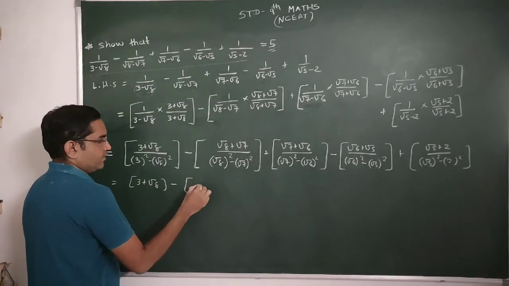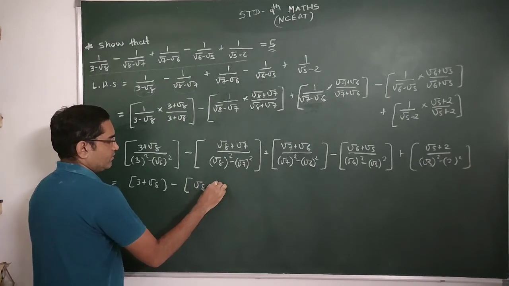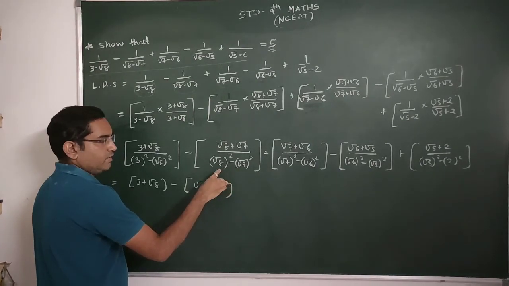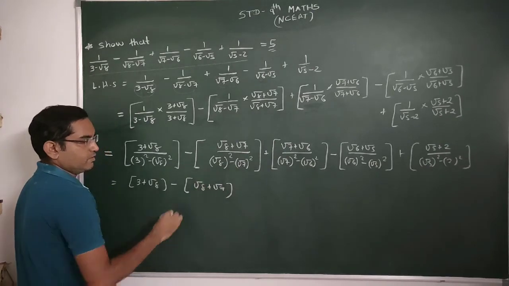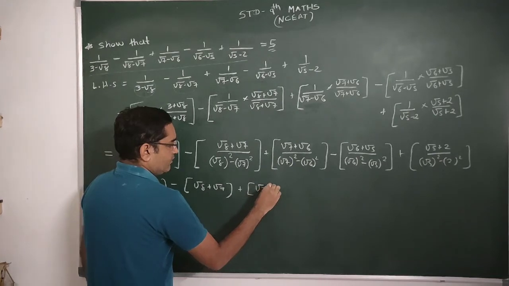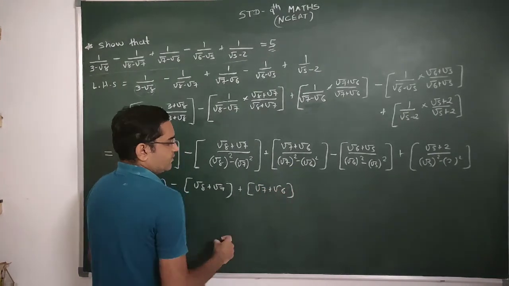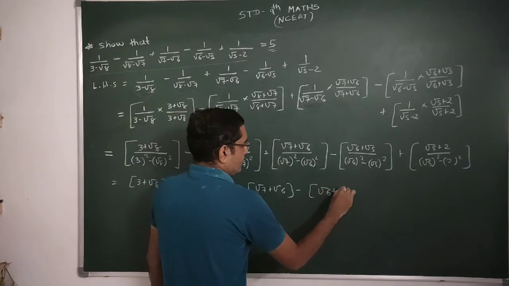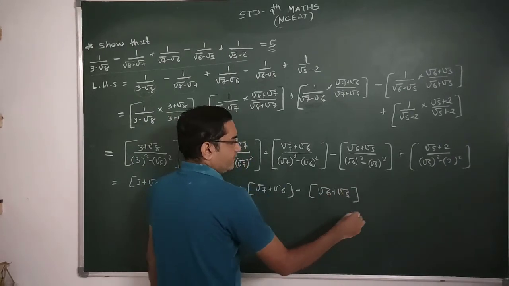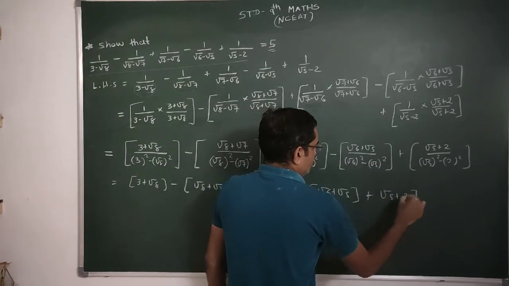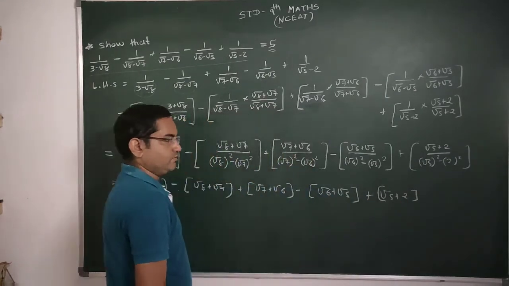Minus, here root 8 plus root 7 divided by root 8 square minus root 7 square, which is 8 minus 7, 1, divided by 1, जो हम नहीं लिख रहे हैं. So plus, similarly, root 7 plus root 6 divided by 1, minus root 6 plus root 5 all divided by 1, plus root 5 plus 2 all divided by 1.